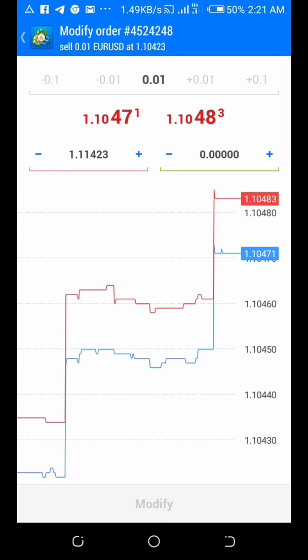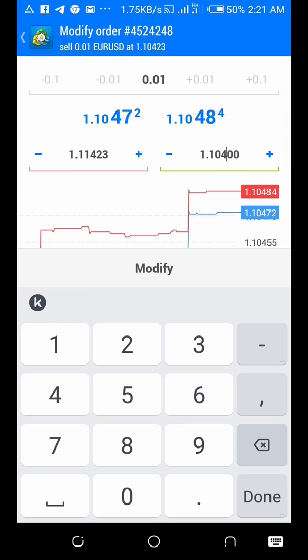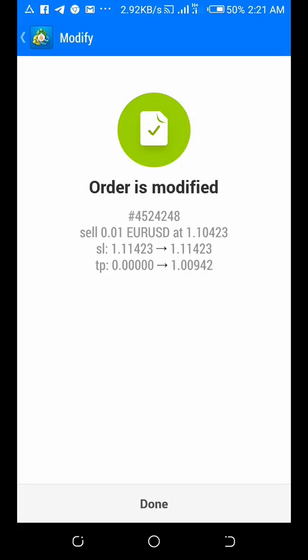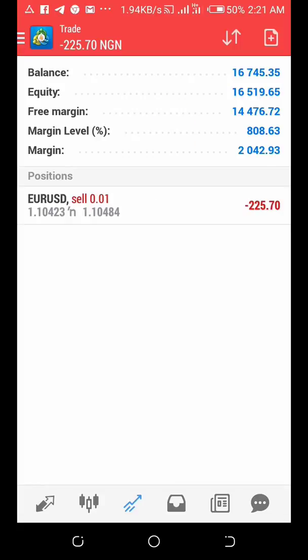So modify order, click here, 1.009423. So I've already set my stop loss and then take profit.